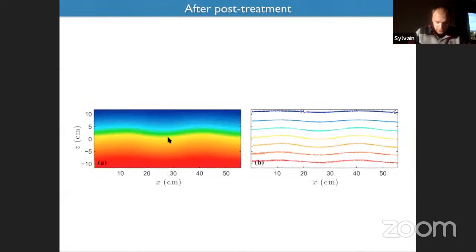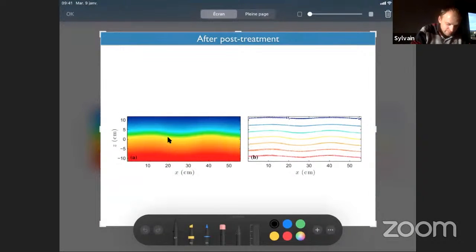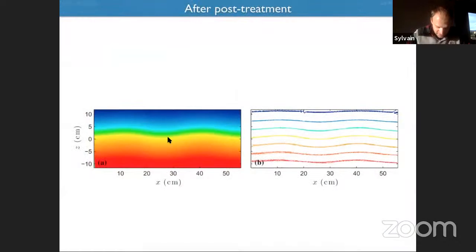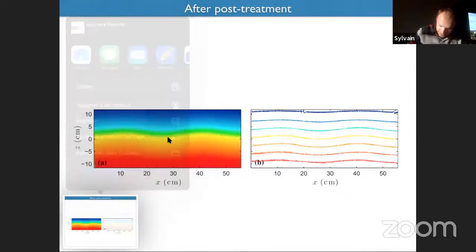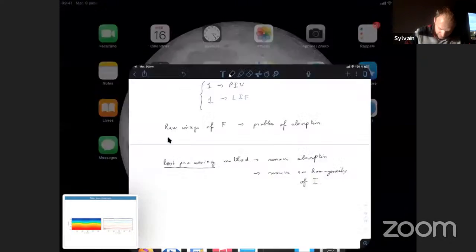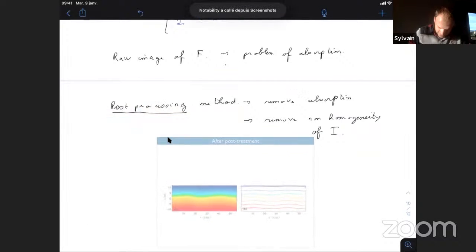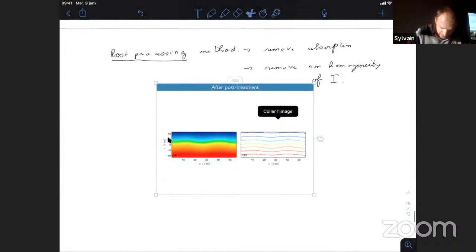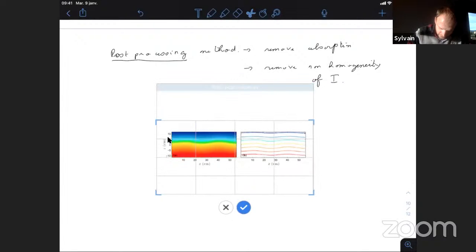So I will not go into the detail, but after the post-treatment, if it's done carefully, you obtain these results.